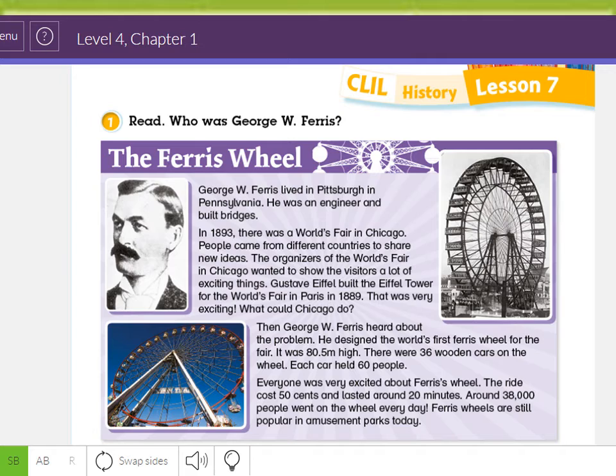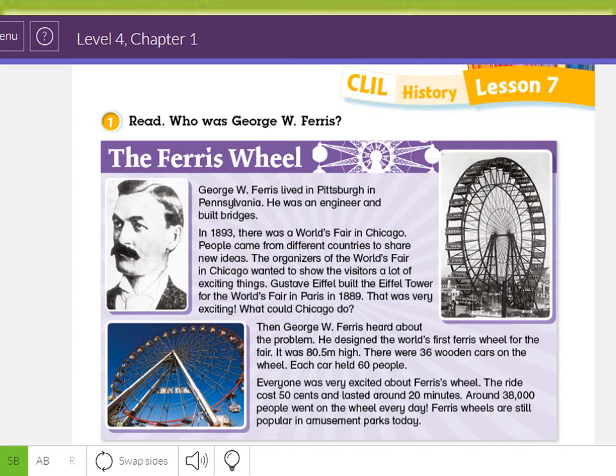The organizers of the World Fair in Chicago wanted to show the visitors a lot of exciting things. Gustav Eiffel built the Eiffel Tower for the World Fair in Paris in 1889. That was very exciting. What would Chicago do?